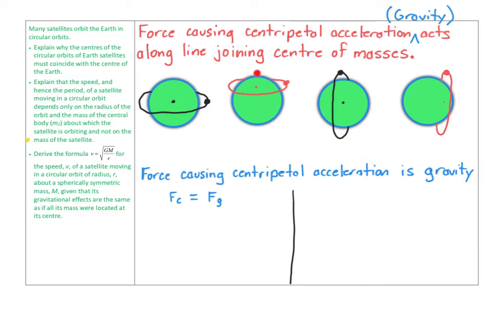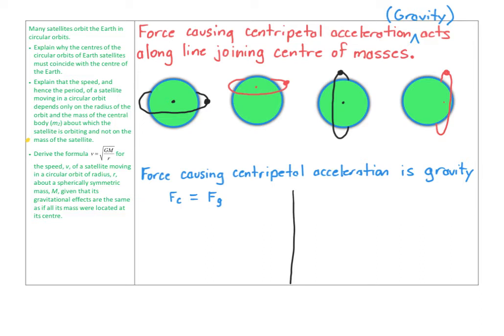However, if we wanted to have a satellite that just sort of spun around the top or the bottom of the Earth, like this, the centre of the orbit would be, say, about where that red dot is, not at the centre of the Earth. So gravity would not be able to provide the force for that orbit because it doesn't coincide with the centre of the Earth. Again here, this one coincides with the centre of the Earth, so that's perfectly okay, whereas this orbit out here doesn't coincide with the centre of the Earth, so that is not possible.